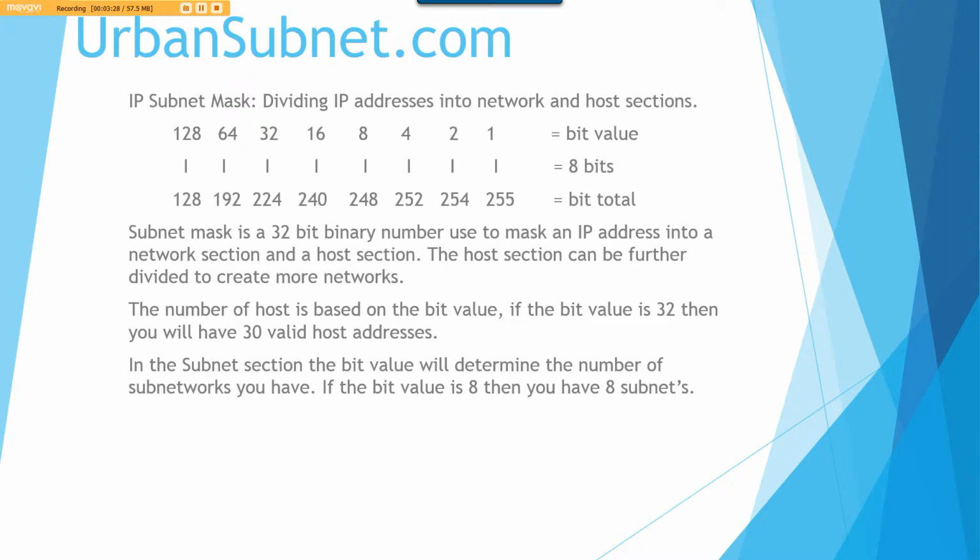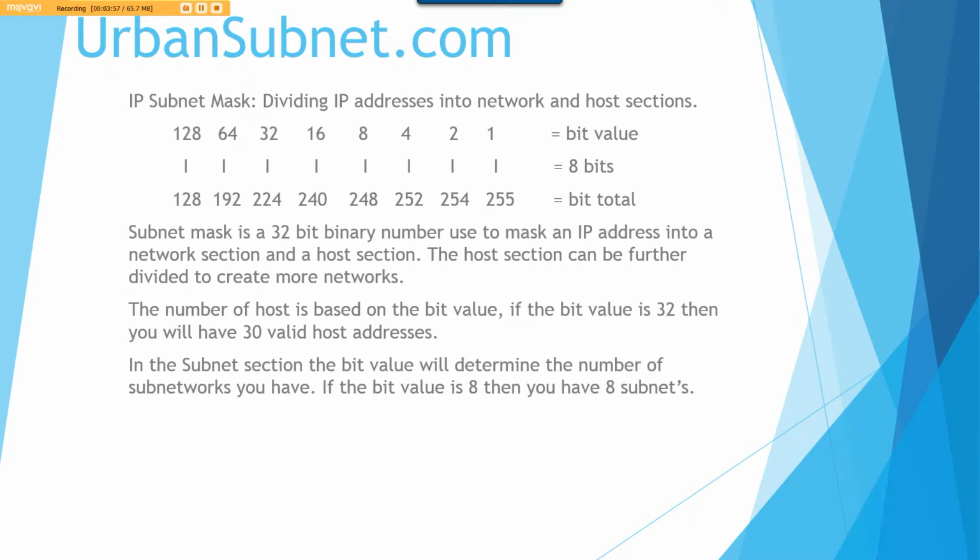That is a little bit of a difference in looking at the bit value, but you just have to remember that when you're talking about hosts or computers on your network, if the bit value falls at 16, then you will only have 14 valid usable addresses to assign to your computer devices. Okay, so that's something to remember.